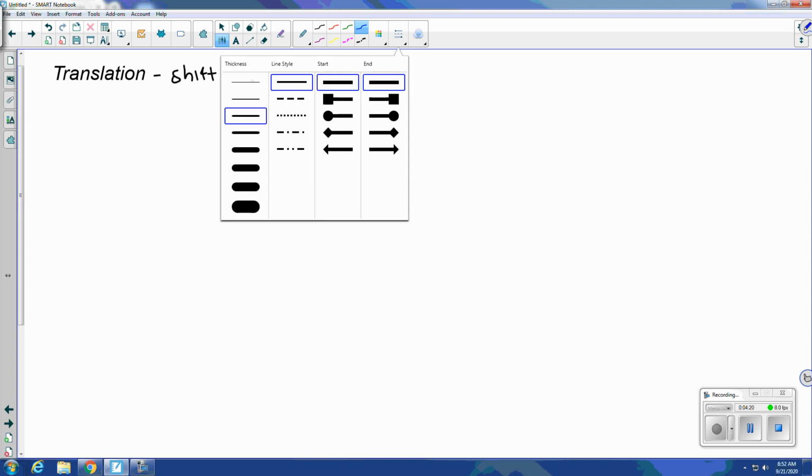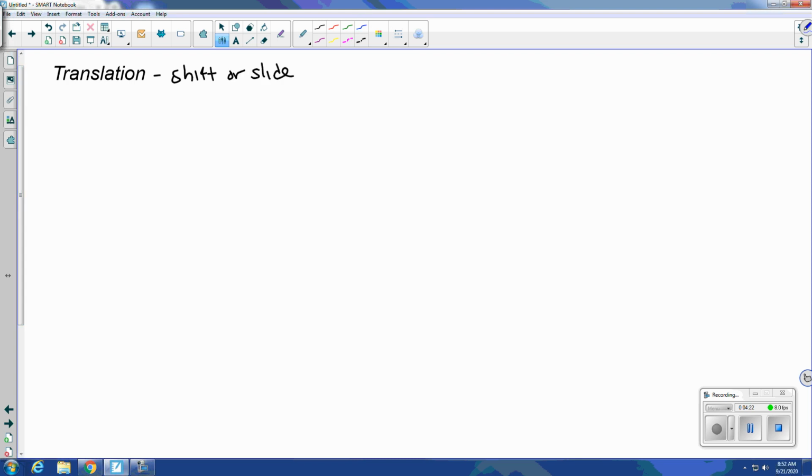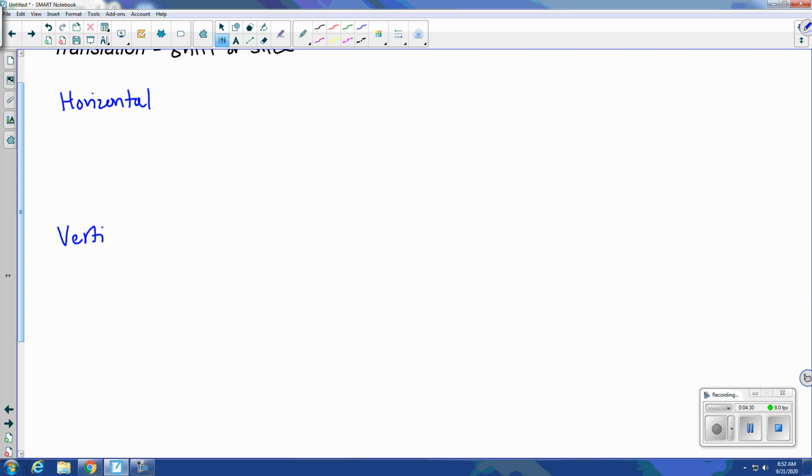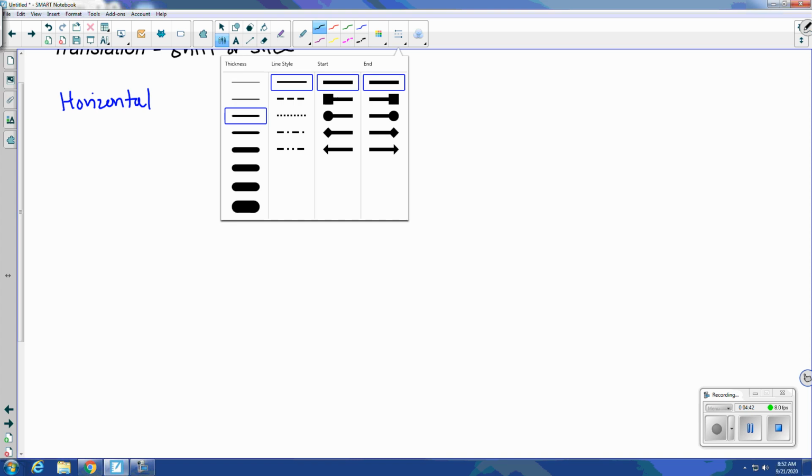So let's look at the horizontal and then vertical. There's two possibilities for each. Actually, let's distinguish these with different colors. So let's just take care of horizontal first.